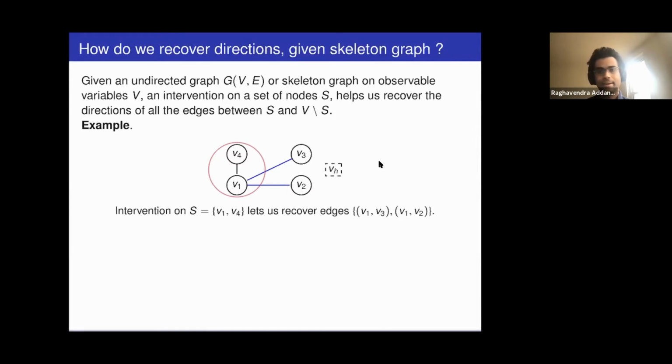And given a skeleton graph, an intervention on a set of nodes S helps us recover the directions of all edges between S and V minus S. In traditional TCS, this can be thought of as a cut oracle. So if you perform an intervention on a bunch of nodes, you can recover all the directions incident on the set S. So intervening on V1 and V4 will let us recover edges V1, V3, V1, V2 in this example.